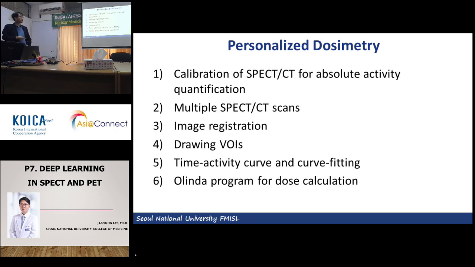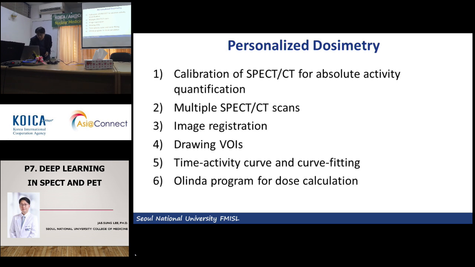To acquire the time activity curve, we should do image registration and draw the volume of interest, which requires really long time and human effort to obtain the time activity curve coefficients. And then we give this data to the Olinda program, for example, for the dose calculation.